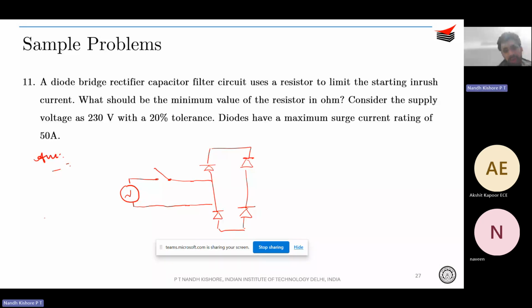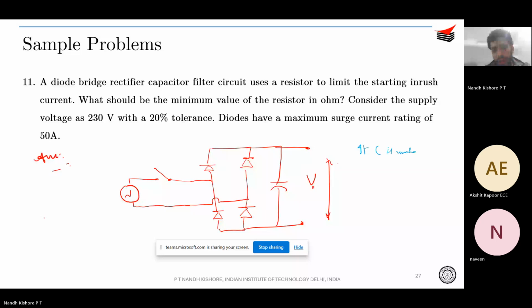If initially the capacitor C is uncharged, then during the positive line cycle of VAC, diodes D1 and D2 are going to conduct.